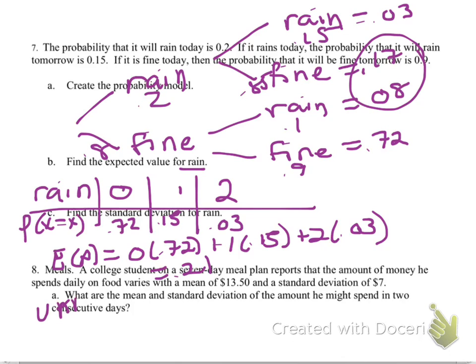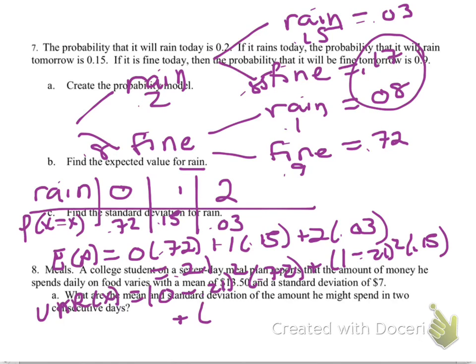So let's do the variance of X, which is going to be (0 minus 0.21) squared times 0.72 plus (1 minus 0.21) squared times 0.15 plus (2 minus 0.21) squared times 0.03. Okay, so I need to go find out what this is.